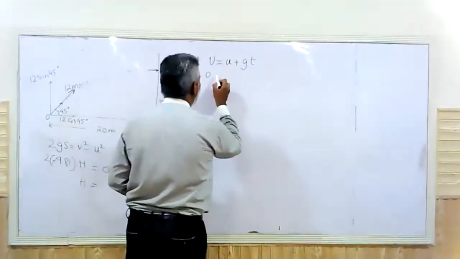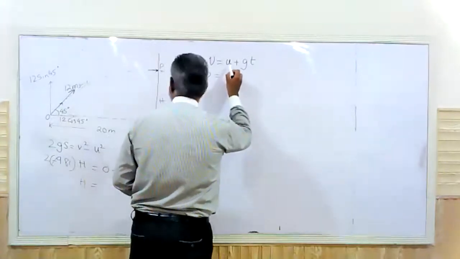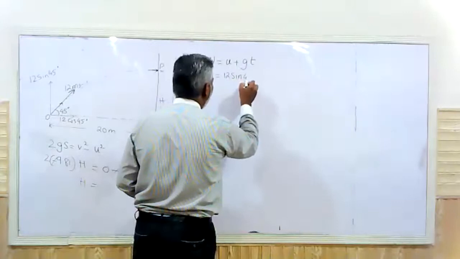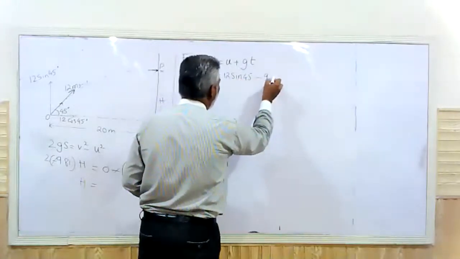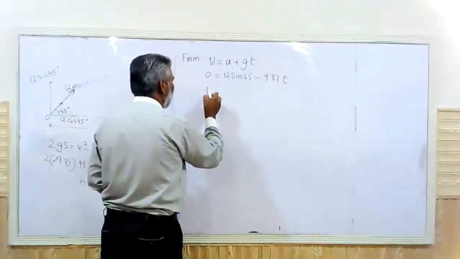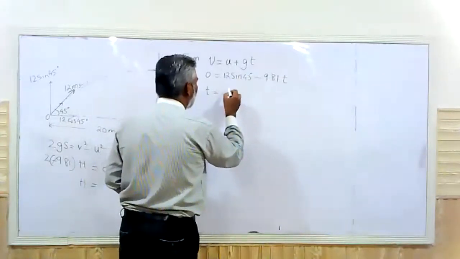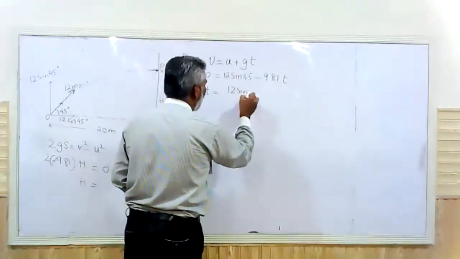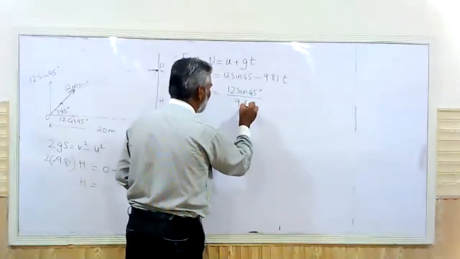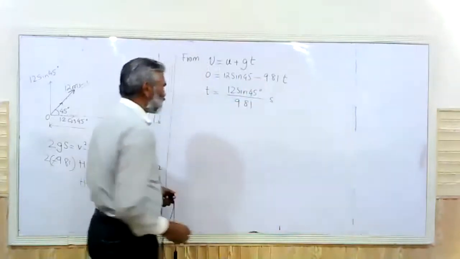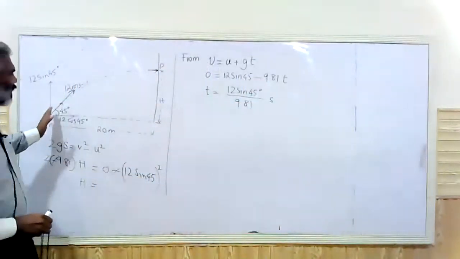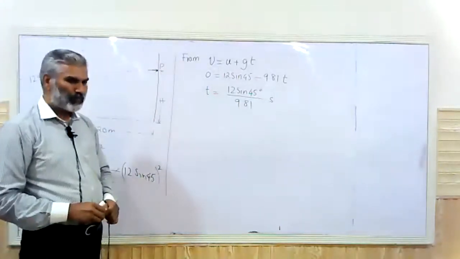So 0 is equal to 12 sine 45 minus 9.81 t. So t can be easily worked out from it. This is 12 sine 45 degrees, whatever its value, you can check, and this is 9.81. And this is the time in seconds that this object has taken to reach here.